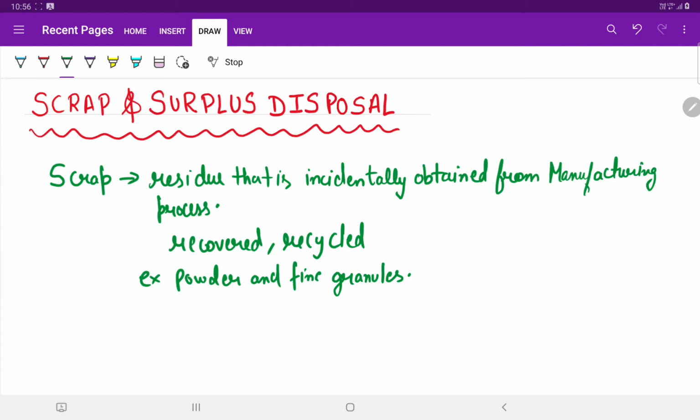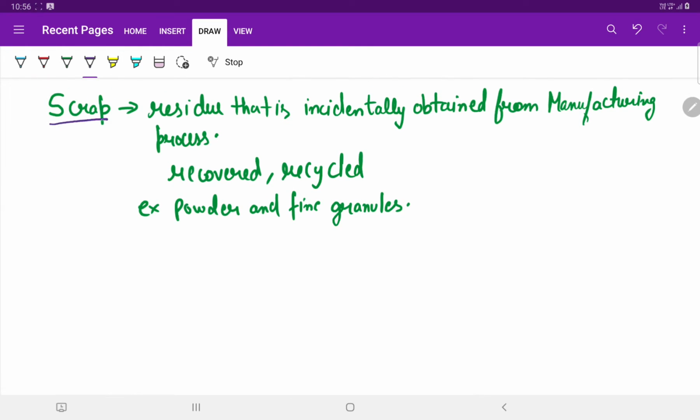The surplus items are those which are not required by the organization. Now the second comes the surplus items. The first one was scrap. The second one is the surplus items. These are the objects that are not required by the organization.